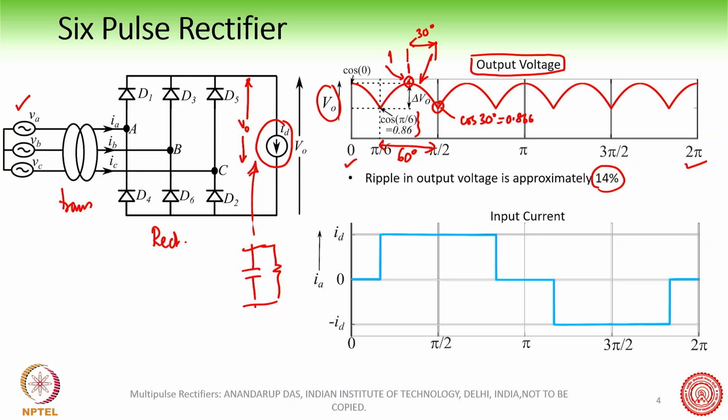What about the input? This is where the problem starts. The input current, as we have covered in some of the previous lectures, IA, this current here is a quasi square waveform, and this is going to be a problem.